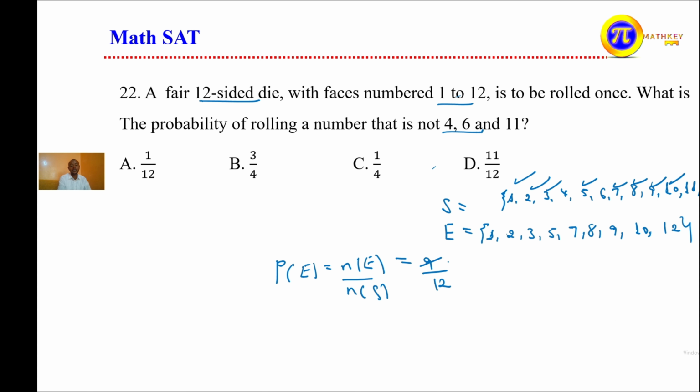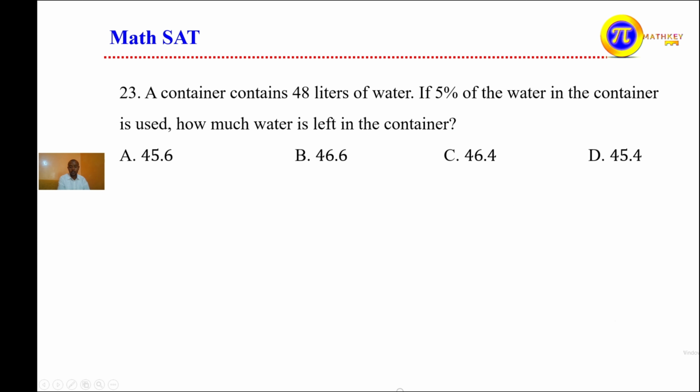So we cancel by 3: 9 by 3 is 3, and 12 by 3 is 4. So the probability of rolling a number that is not 4, 6, or 11 is 3 over 4.